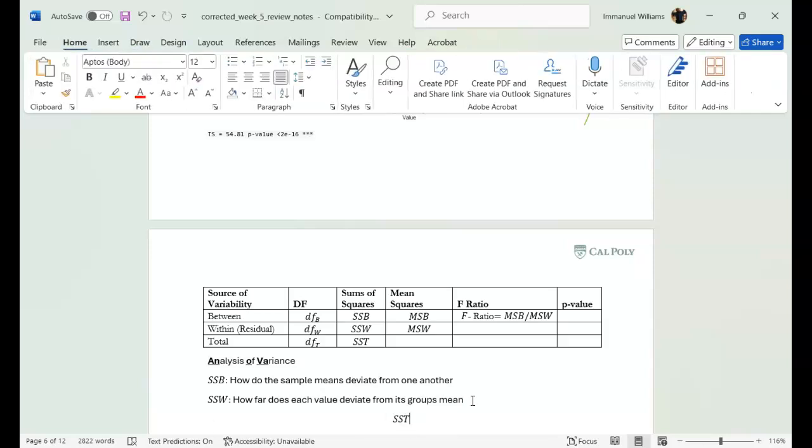SST is the amount of variability in the sample. Okay? What that means, truthfully, is how far does each value deviate from the overall mean?